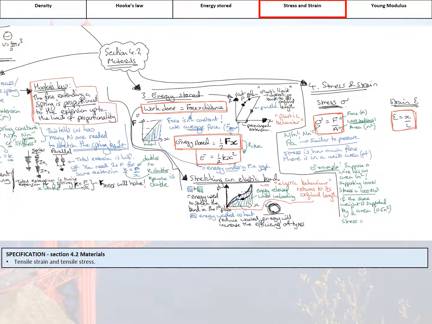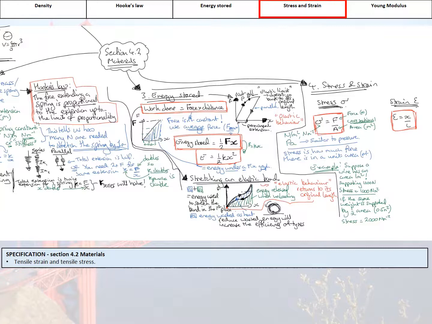So if half a metre squared supports 1,000 newtons, a whole metre squared scaled up would be 2,000 newtons per metre squared. So it gives you an idea about how concentrated the force is in this area. The bigger the stress, the more force there is in the same area.